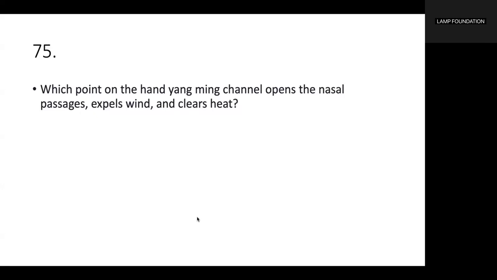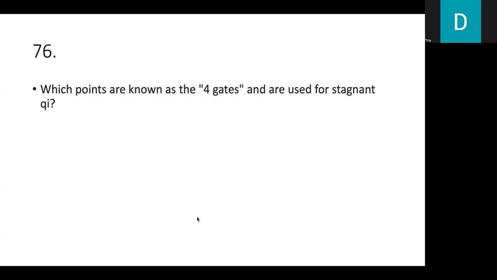Which point opens the nasal passages, expels wind, and clears heat? Li20.